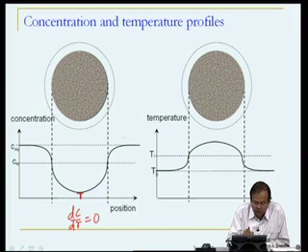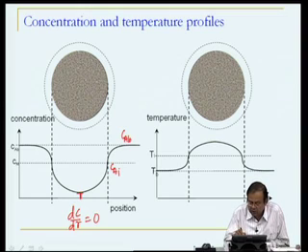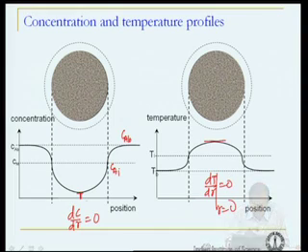Concentration here is CAI, concentration here is CAB. Same thing can be written for temperature: dT/dr is 0 at r equal to 0, and C is equal to CAI at r equal to capital R, if you are talking about a spherical catalyst.